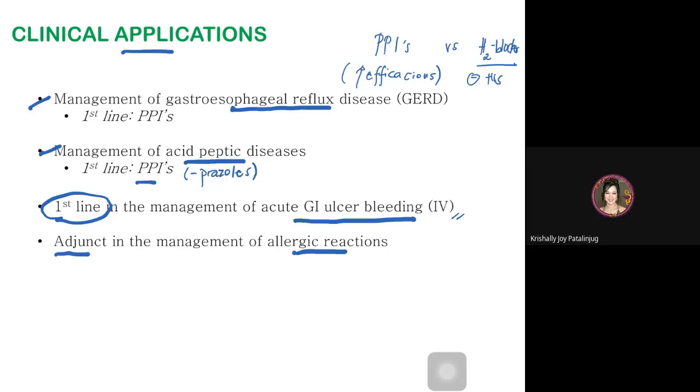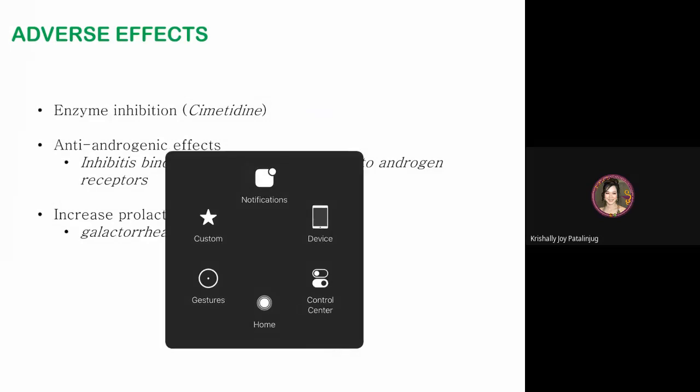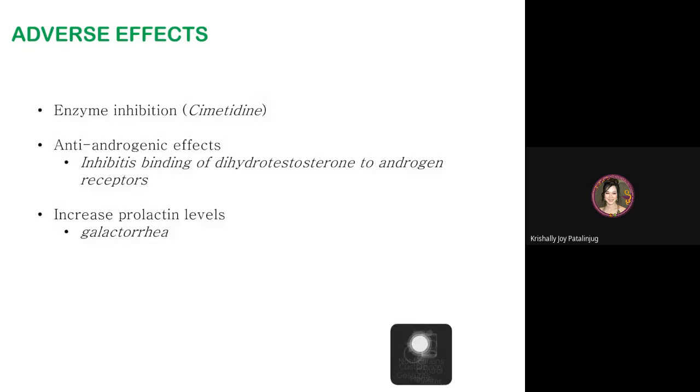Alright? Then, for the adverse effects. Take note, for cimetidine particularly, it is considered an enzyme inhibitor, thus causing enzyme inhibition. So, usually, naay mga cases nga kailangan og monitoring, especially if a patient has comorbidities.